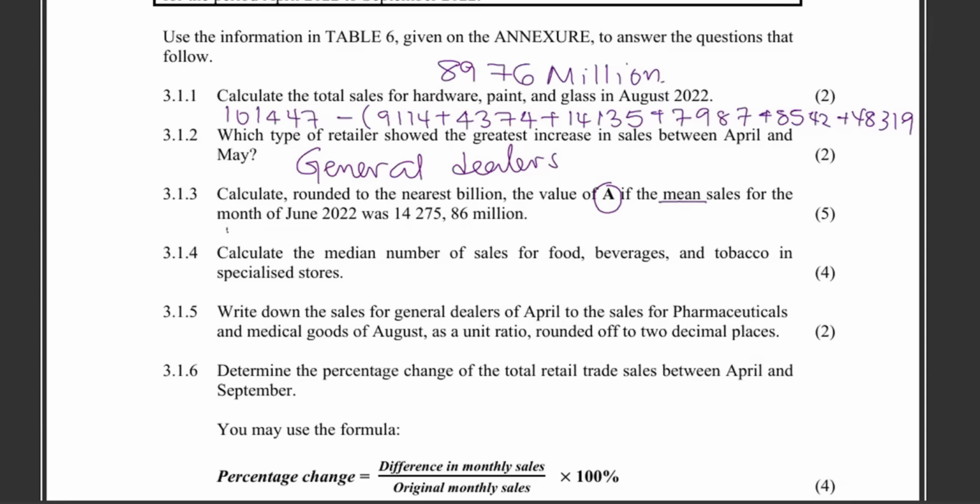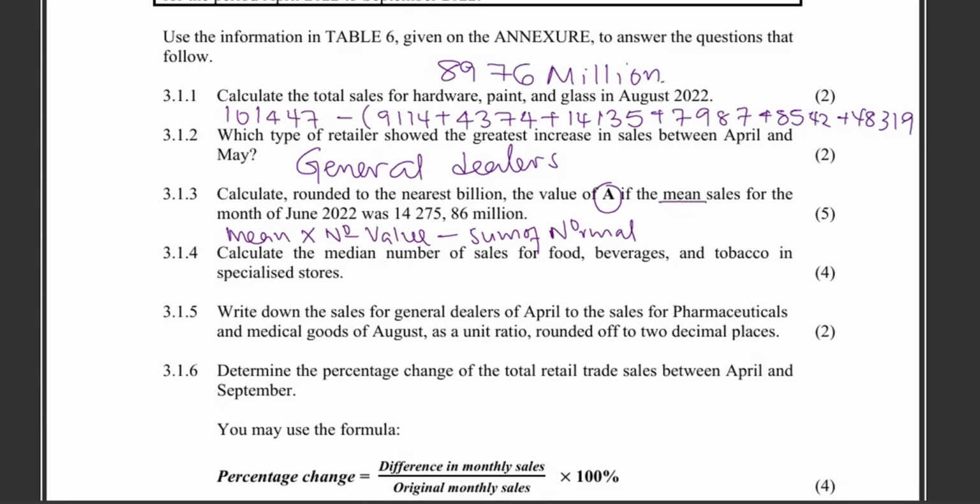we shall get the mean, multiply it by the number of values that were added, minus the sum of the normal numbers. I mean the values that are there, apart from the unknown.